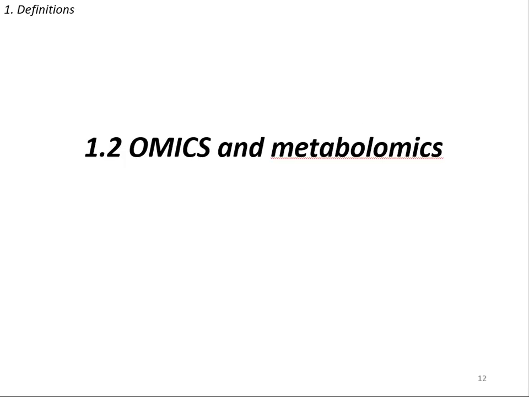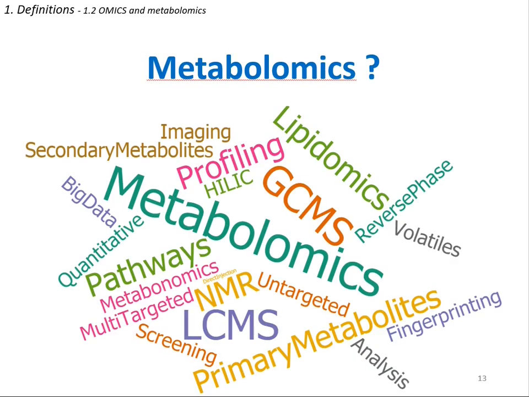Now let's talk about metabolomics and its integration in the omics techniques. When we talk about metabolomics, we think about different other words that are associated to it, like GCMS and LCMS, which are the techniques used to make metabolomics. But you will also hear lipidomics, secondary metabolites, primary metabolites.